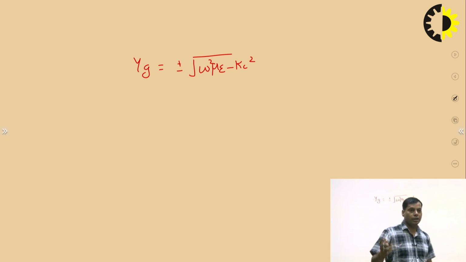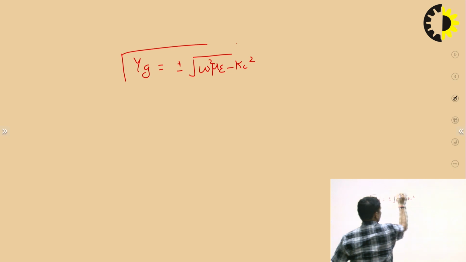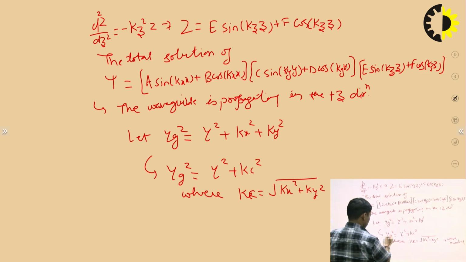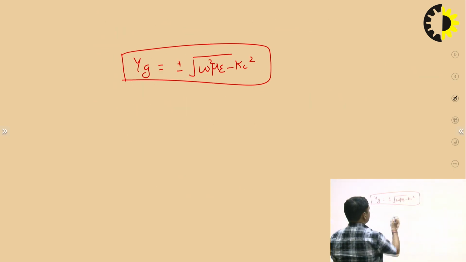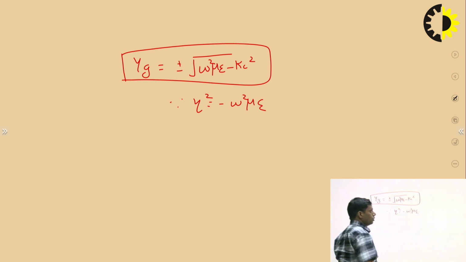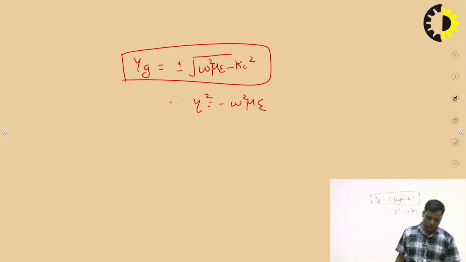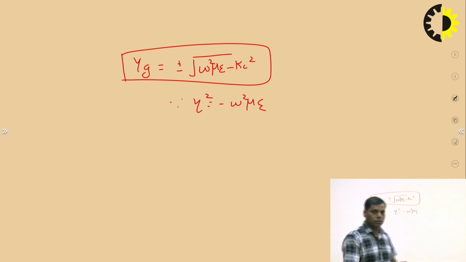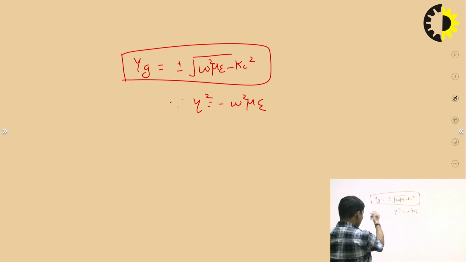Because gamma squared is equal to minus omega squared mu epsilon, as per this condition.